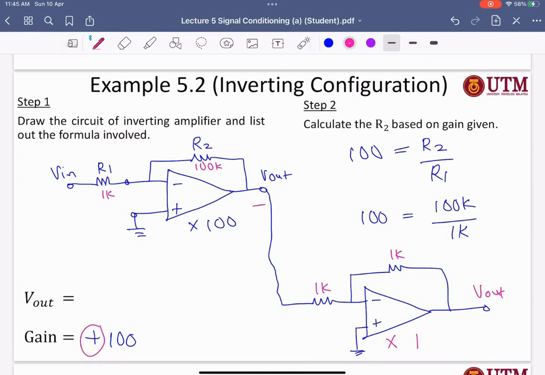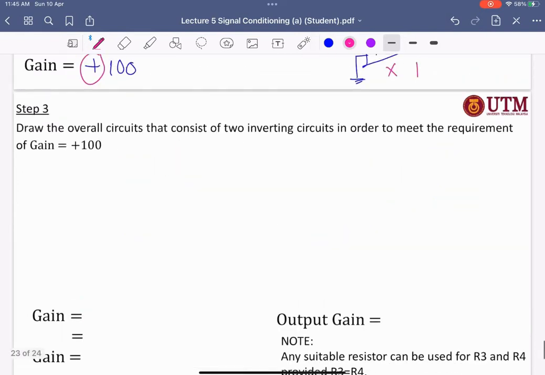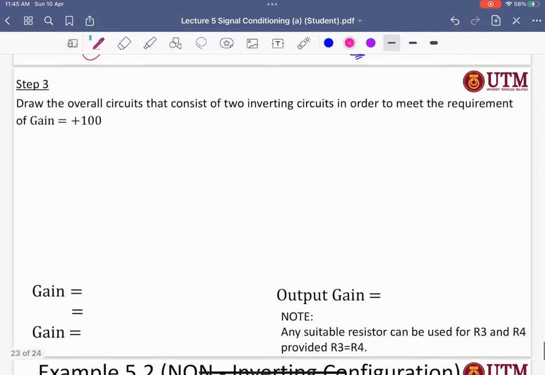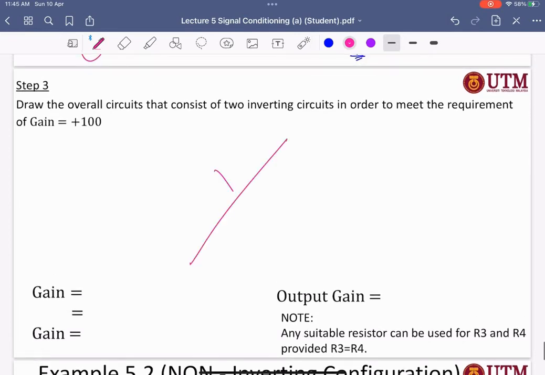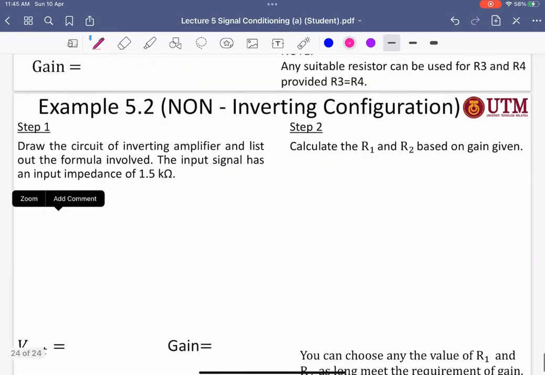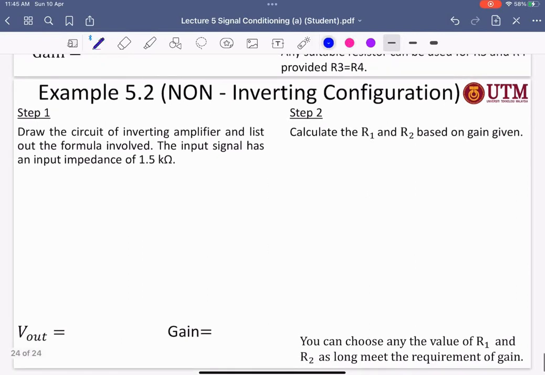Okay, the next one is for the non-inverting. This one is simple. You just draw the inverting first: minus and plus, the plus going to ground, and this one going here.